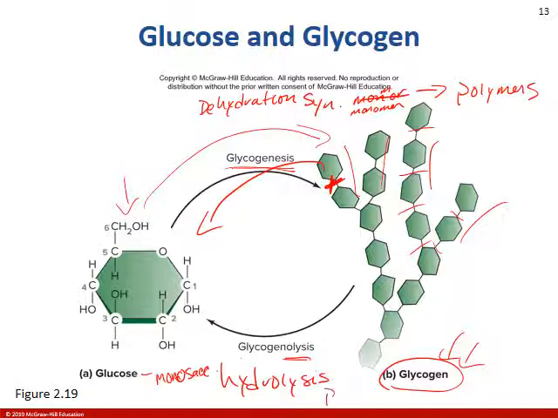When you have a polymer and you're breaking it down into individual monomers. They just changed the name so that you know exactly what hydrolysis process we're talking about. So glycogenolysis is taking glycogen and breaking it down into individual glucoses, but it's the same process. It's this hydrolysis, this split with water that we saw earlier.